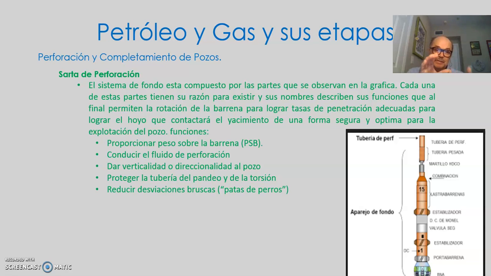The deviation of the dog leg as we go from one point to the next has to be less than 1 degree in 100 feet, because when we have to complete the well with an artificial lifting system, if it is a pump, like a PCP pump or an electrical submersible pump, the run life is going to be reduced because of the erosion from the dog leg. So we need to avoid it.